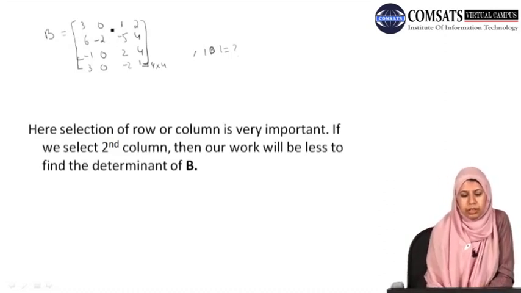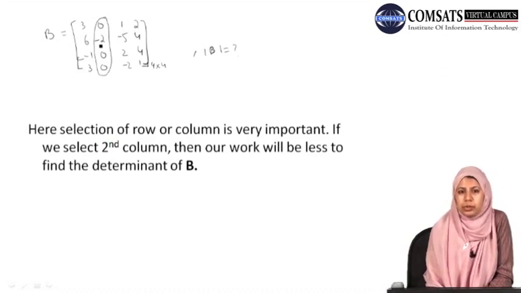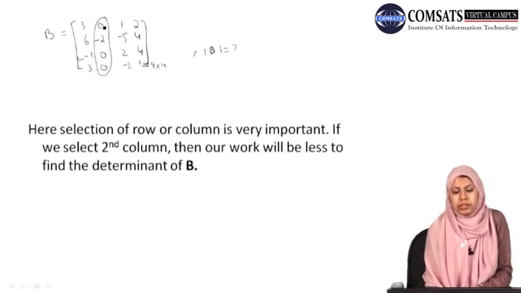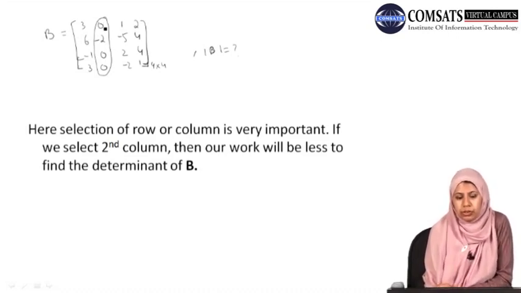Now, if we look at our matrix and particularly at our second column, then the second column has 3 zeros and only the entry A22 is non-zero. So by starting with our second column, our work will be less and we can easily find the determinant of our matrix. Why? Because entry A12 is 0, entry A32 is 0, entry A42 is 0.